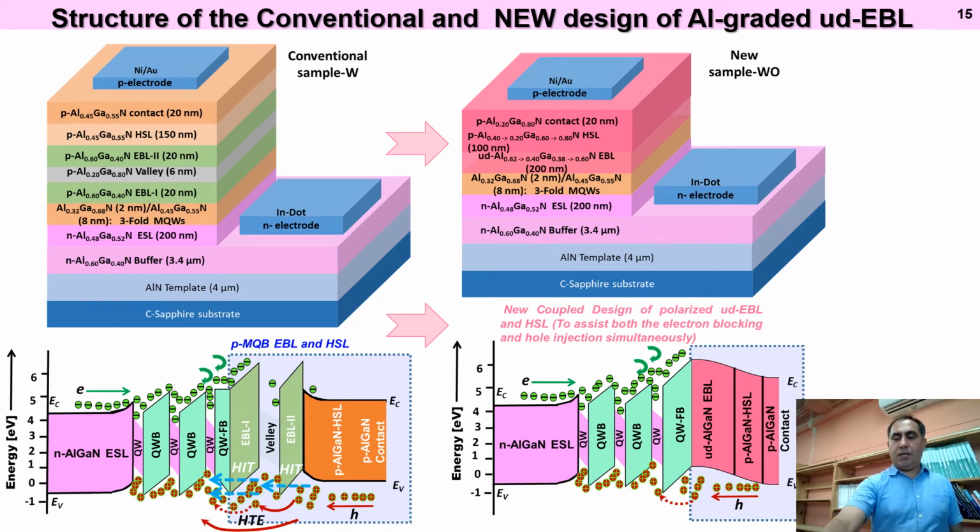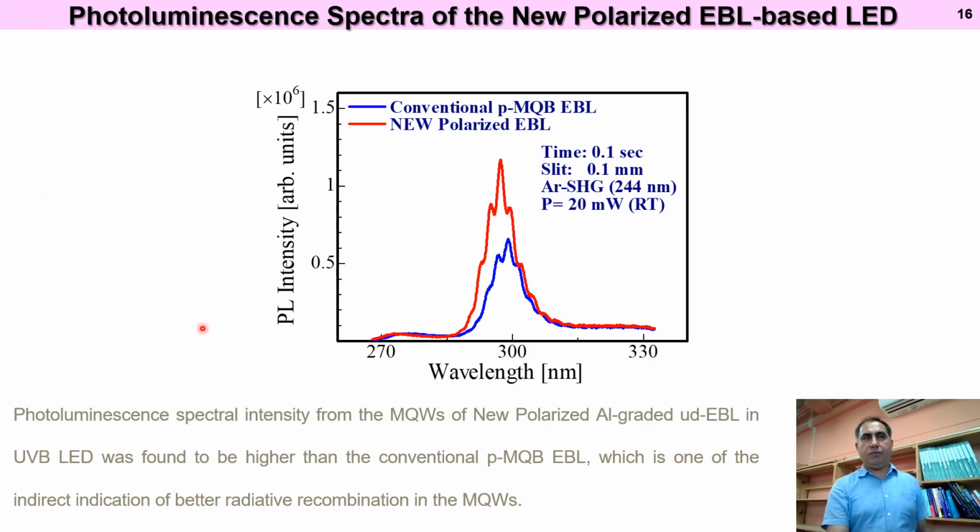With this new design, we first checked the photoluminescence spectra, and quite high spectral intensity was achieved for the new polarized EBL layer, which is one indirect indication of better radiative recombination in the quantum well.